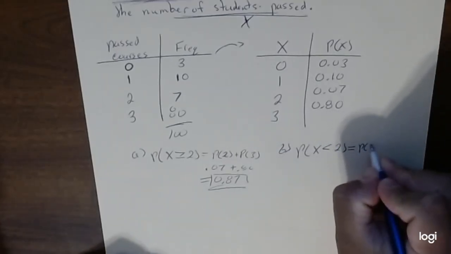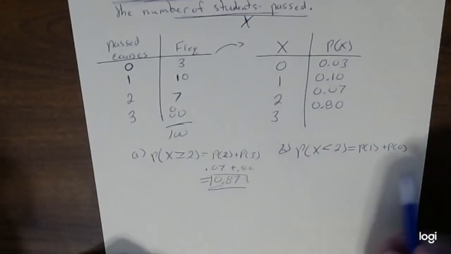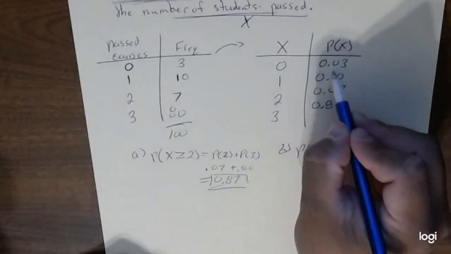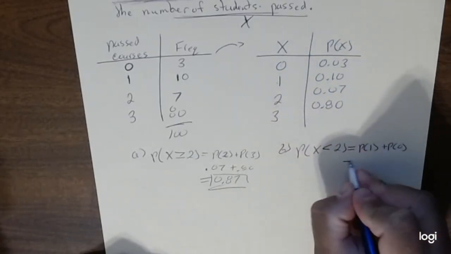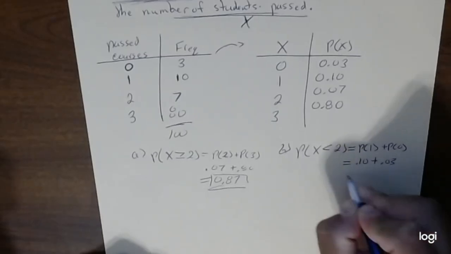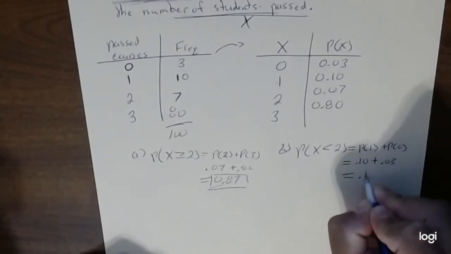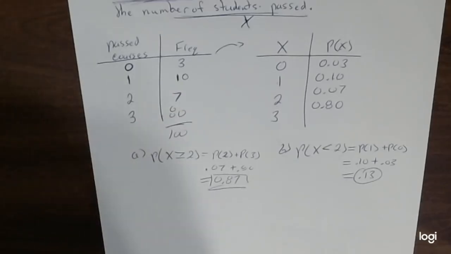Well, that is 1 and 0, right? Not including 2 because it's less than. So that means we're going to add these two up because that's 1 and 0 itself. So it's these two only. So probability of 1 is 0.10. Probability of 0 is 0.03. So grand total of 0.13 is your answer. It's a little trick question because it's less than, right? And same thing applies if it's greater, right, when it comes to it.